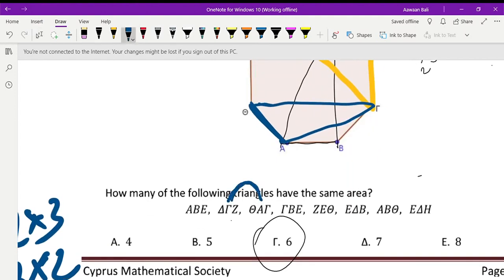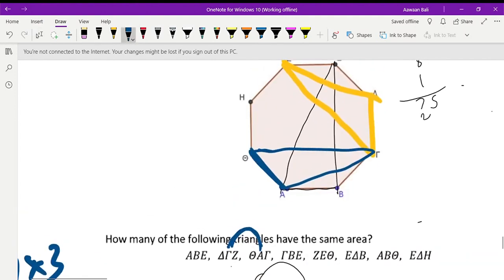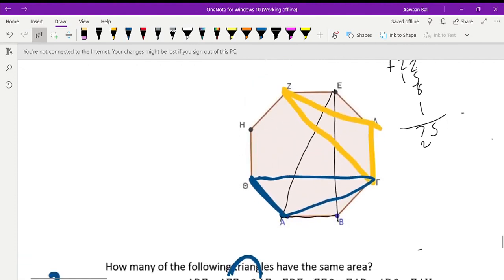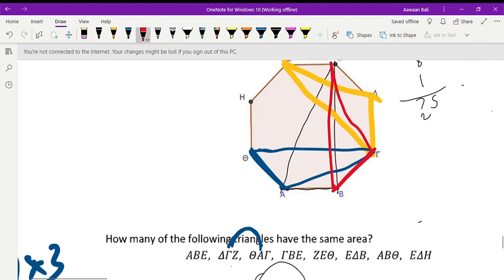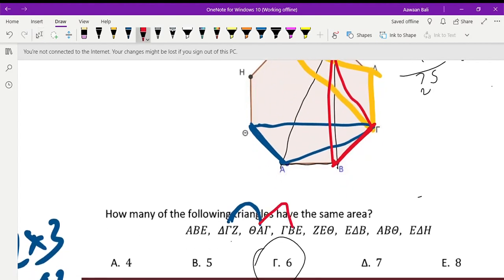So you know that they're equal. They have the same area. Sorry for the not so accurate drawing, but this is a live lesson online, so sometimes mistakes can be made. So now gamma, beta, eta. This is gamma, this is beta, and we have eta here. It's the same as the others.